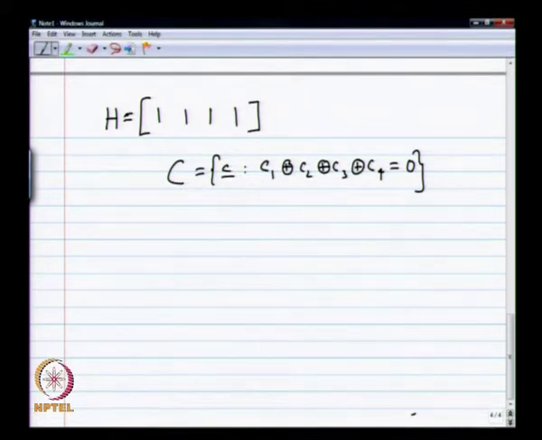So, that is a complete description for the code. Code is the set of all code words C which XOR to 0. So, any dependency between the 4 bits of the code word is captured by this equation. In fact, any dependency between the 4 received values is captured by just this condition.